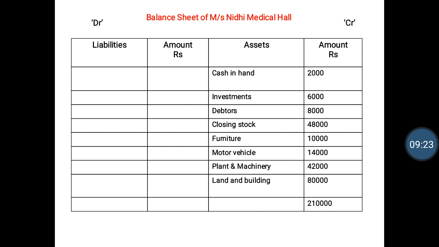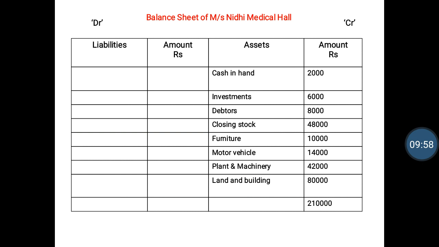Then investment, debtor, closing stock, furniture, motor vehicle, plant and machinery, and land and building. So all these readings indicate that the current assets are written firstly and then subsequently, and at the end write down the fixed assets. So this is the sequence of writing a balance sheet, that is assets.